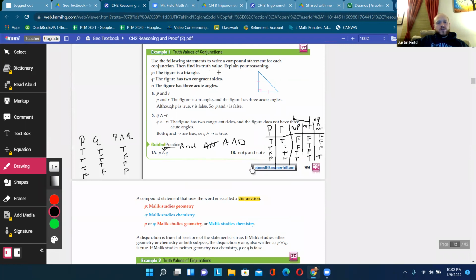Oh, find its truth value. Is that true? That looks true. Looks like it's a triangle with two congruent sides.